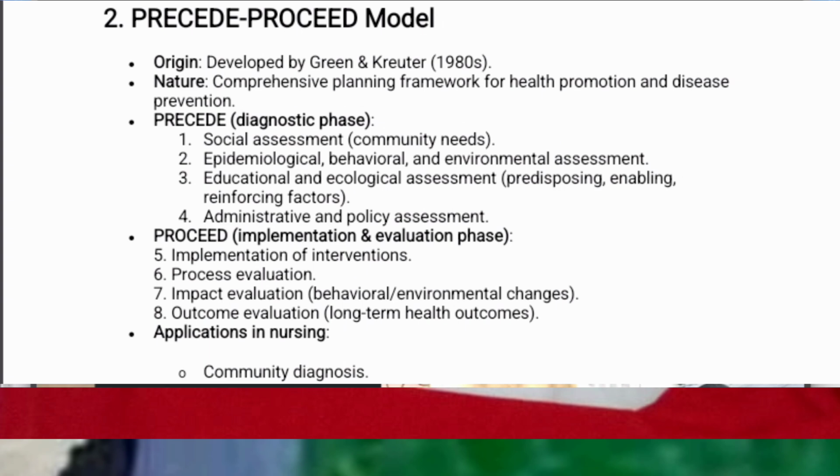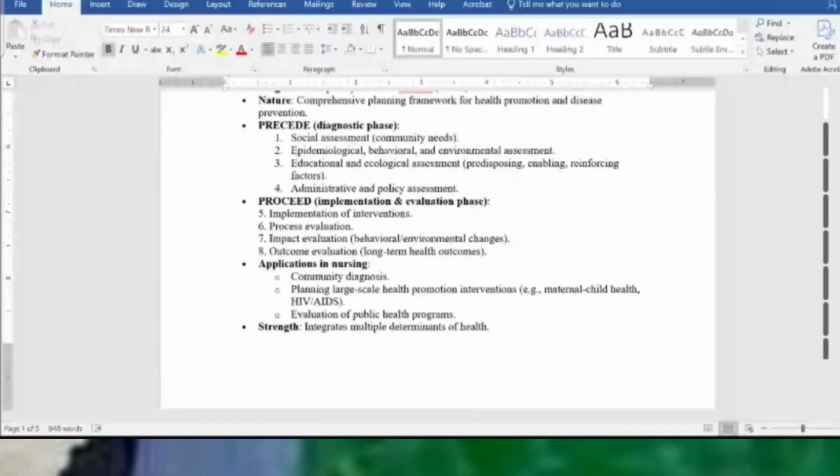I know at some point you will do it practically. There are phases of doing community diagnosis: we explore, then pre-planning, then we plan, then intervention. After the intervention, we evaluate what has been done by giving feedback to that particular community.